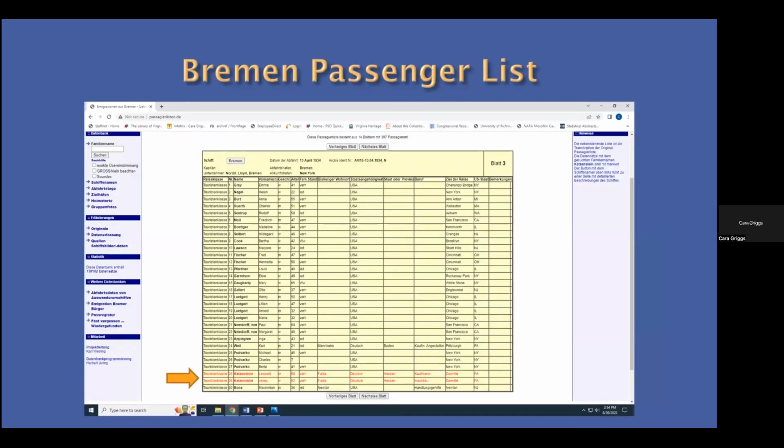It is sometimes possible to find passenger lists from ports of departure, and some are available through Ancestry and FamilySearch, but these lists from Bremen are only available from a site sponsored by the Bremen State Archive.